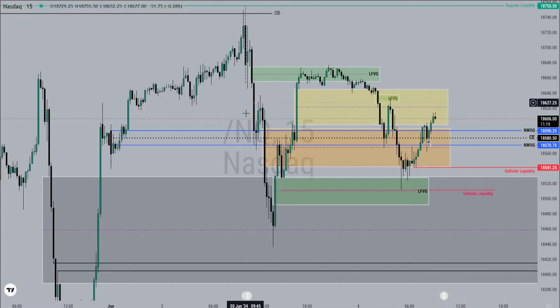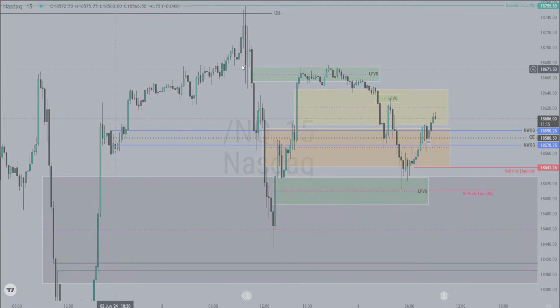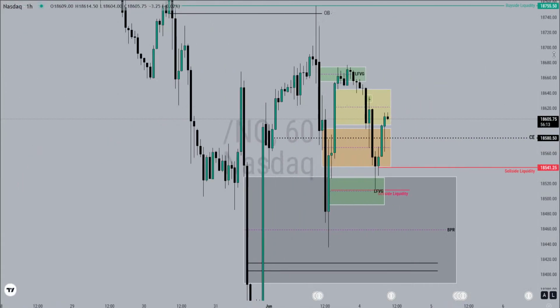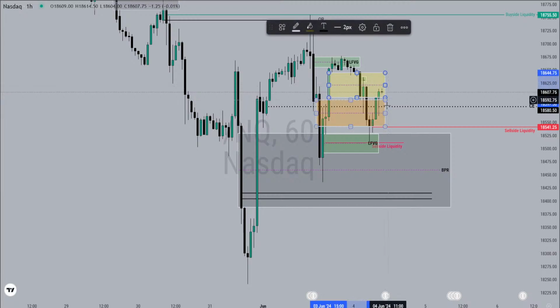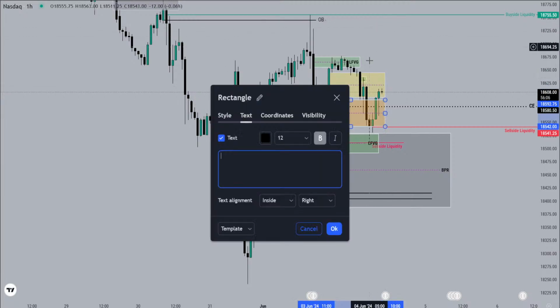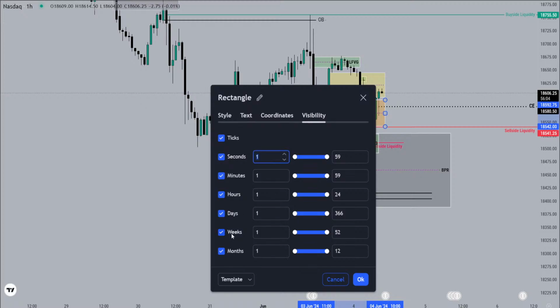At the same time, let me go to the hourly chart first, and explain from there. So this is the hourly chart. Don't focus on this parabolic gap, this will be important when I'm in the 15-minute chart.